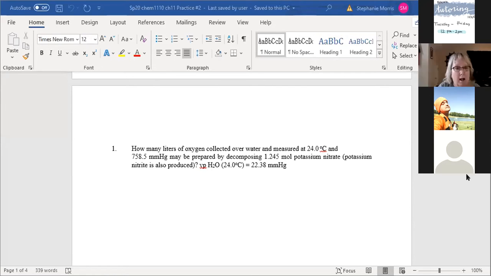Hey, you have like a small little screen. Is there any way you can make yourself bigger so we can see? Well, let me finish reading this problem, then I'll stop the share, and then I'll hold this paper up. All right. I just converted the pressure. The temperature is going to have to be converted to Kelvin. Let me just write it up.